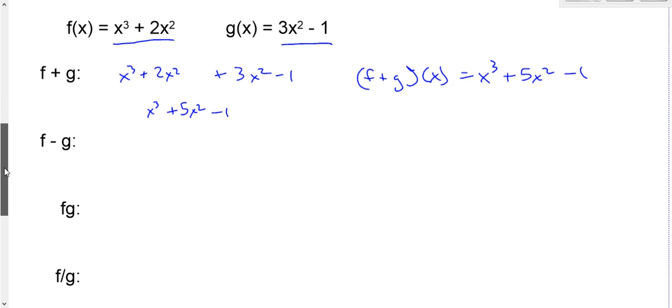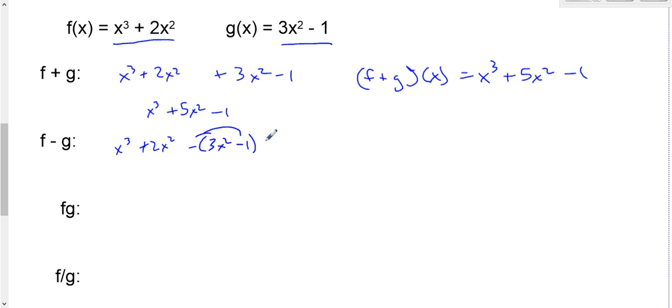For f minus g, we are going to have x cubed plus 2x squared minus, now because we're subtracting an expression, we have to make sure we put the expression in parentheses.